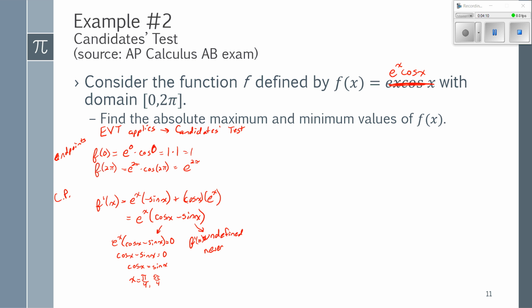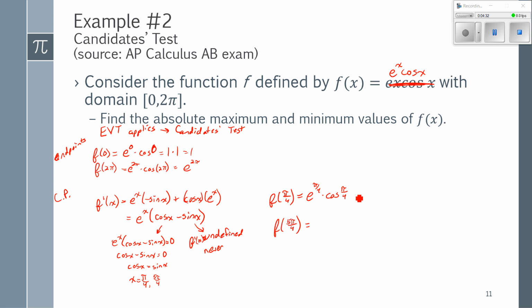So this means I have two critical points. So I need to know what are the y values at f of pi over 4 and f of 5 pi over 4. The reason I only looked from 0 to 2 pi is that was my domain. So for pi over 4, I have e to the pi over 4 times the cosine of pi over 4.